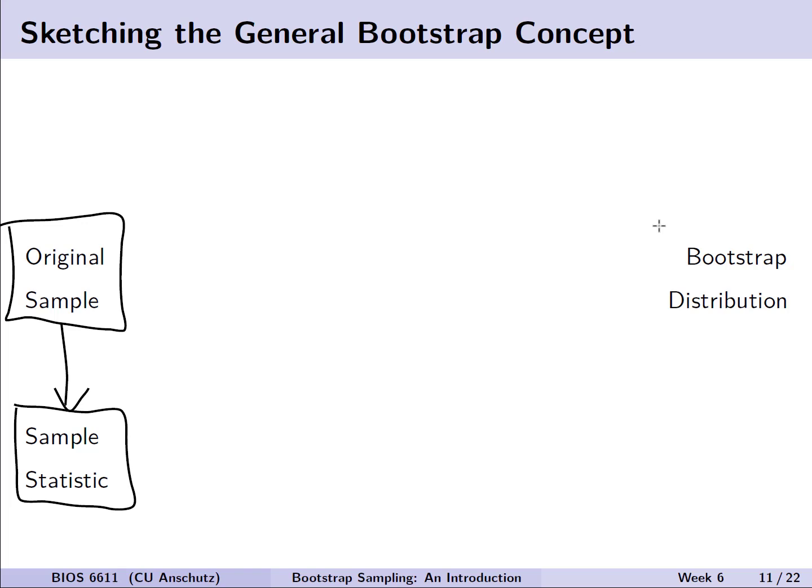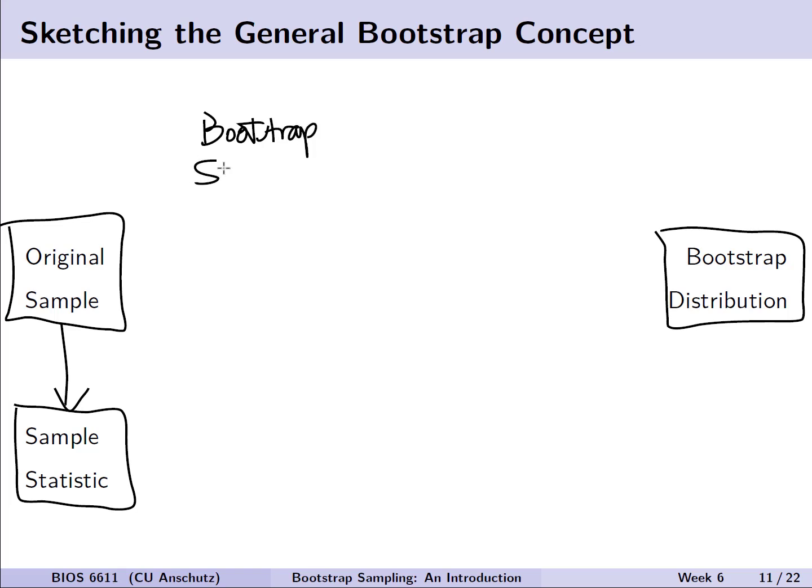What we're interested in here is actually trying to derive, on the right-hand side, this bootstrap distribution of our statistic of interest. So how do we go about doing this with this idea of repeated resampling with replacement from the original sample?